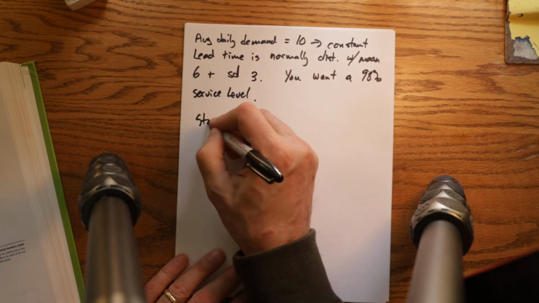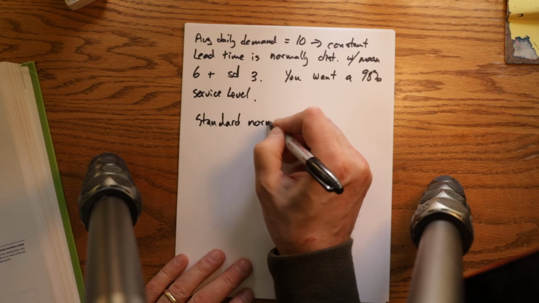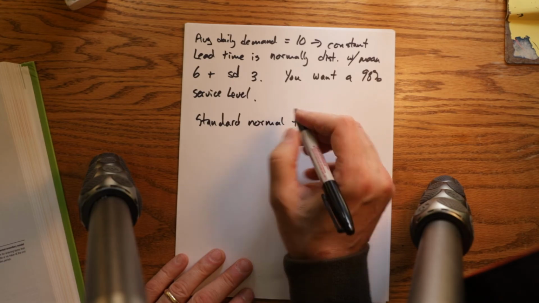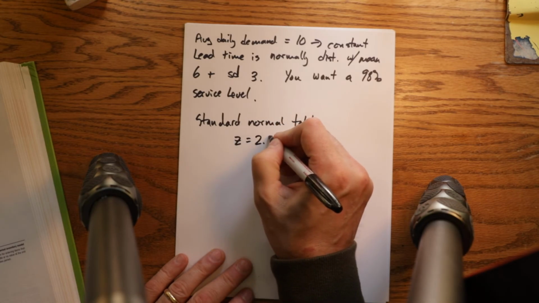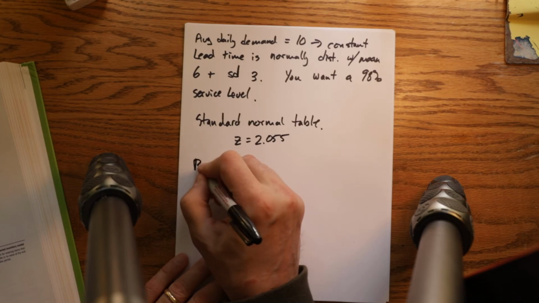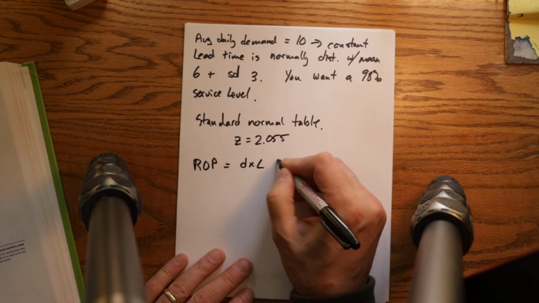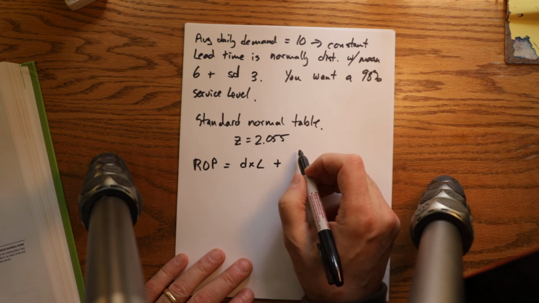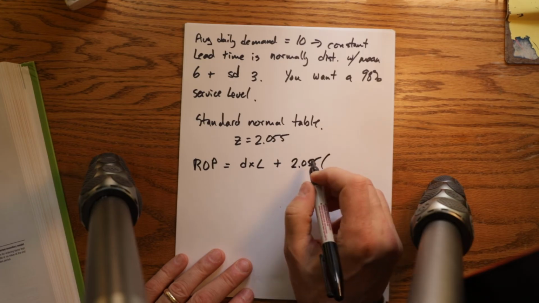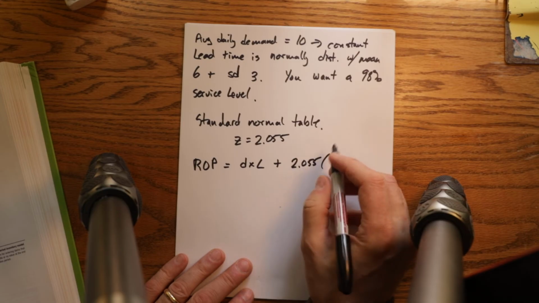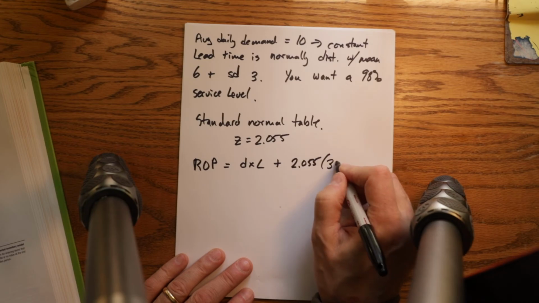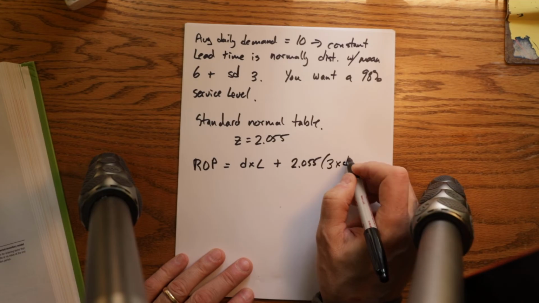So, standard normal table, you get Z is equal to 2.055, and the solution is reorder point is equal to D times L plus 2.055 times the standard deviation, which was 3, times D, which was 10.